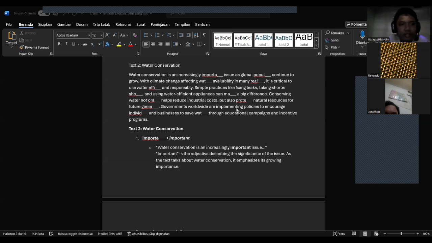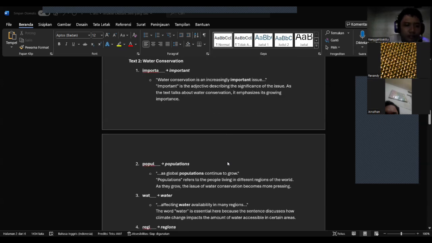Okay, for text number two, the first question is important. Important is the adjective. Water conservation is an increasingly important issue. Important describes the significance of the issue, as the text talks about water conservation and emphasizes its growing importance.